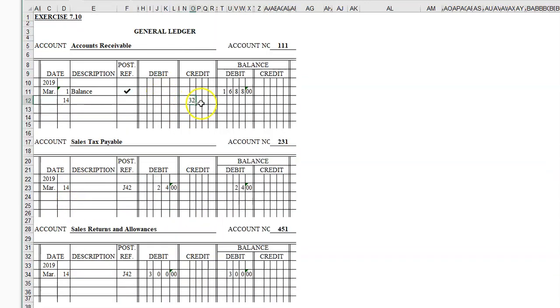That gets $324. And this is just posting to the ledger, so we don't need to worry about where we put a debit and credit, so that's fine.